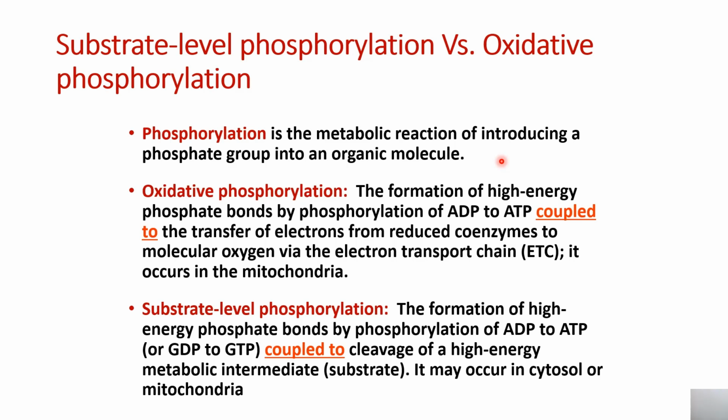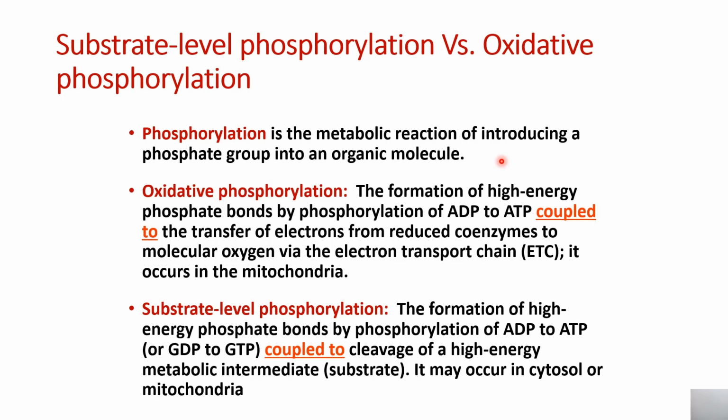As I was saying, phosphorylation is the metabolic reaction of introducing a phosphate group into an organic molecule. Oxidative phosphorylation is the formation of high energy phosphate bonds by phosphorylation of ADP to ATP, coupled to the transfer of electrons from reduced coenzymes to molecular oxygen via the electron transport chain. It occurs in the mitochondria.